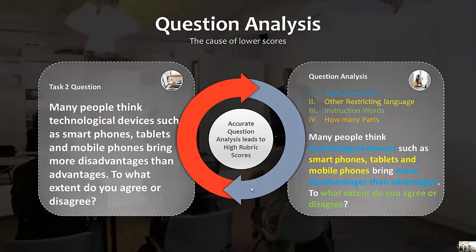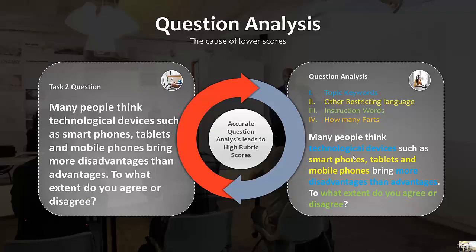Right, restricting language. I'm going to answer this question now. Restricting language is talking about, if I give you a topic, I'll try to make it simple. If the topic is the internet, that's the general topic. Now, within that question, there's going to be restricted language that tells you what part of the internet you have to write about.